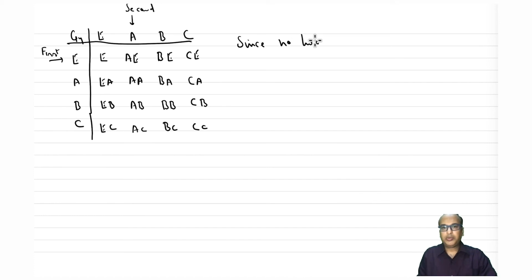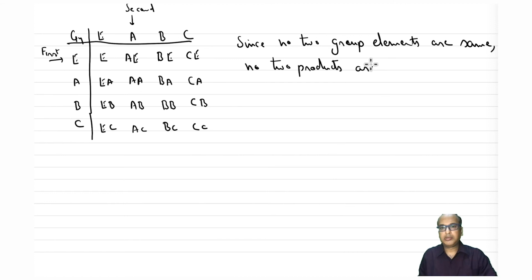Also, one important thing: since no two group elements are the same, no two products are the same. And products must belong to the group, that we know from closure property, right?